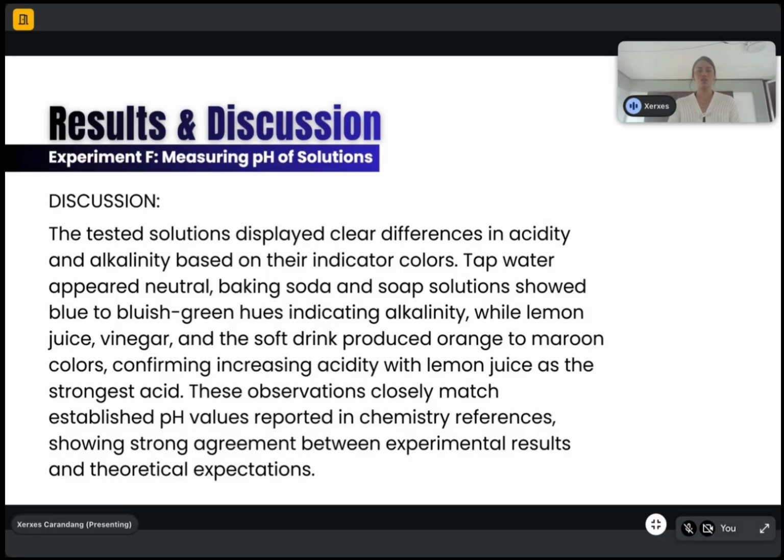These observations closely match established pH values reported in chemistry references, showing strong agreement between experimental results and theoretical expectations. In short, results matched theoretical expectations with lemon juice, vinegar, and soft drinks being acidic, soap and baking soda being basic, while tap water was neutral.